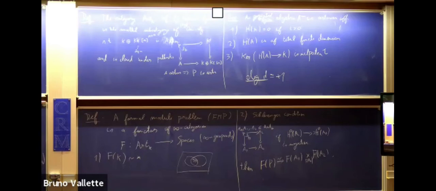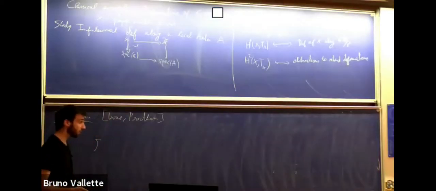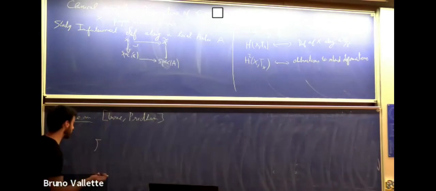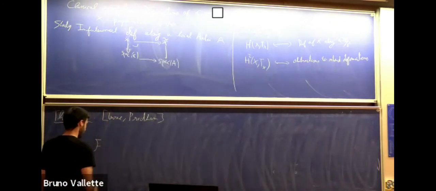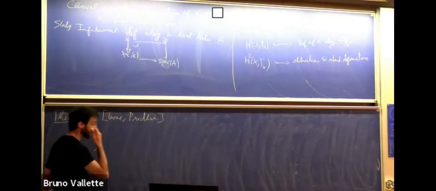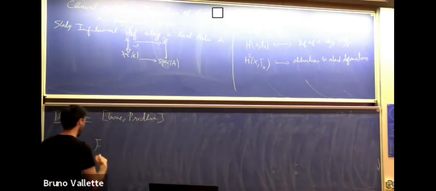It's a theorem due to Lurie and Pridham, independently, which tells you that, first of all, formal moduli problems are functors, so they determine an infinity category as a subcategory of a functor category.